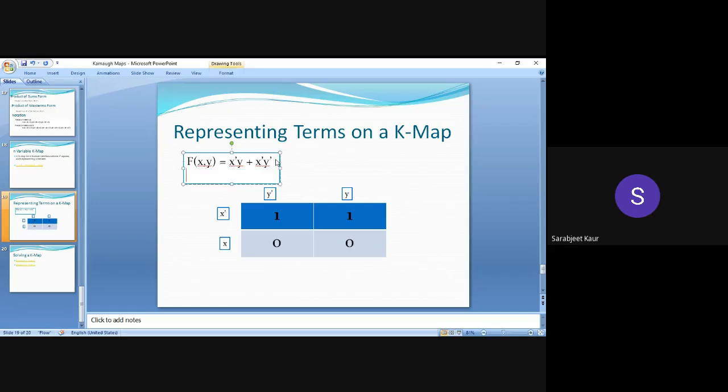Alternately, this could have been specified to me as sigma of m 0, 1.